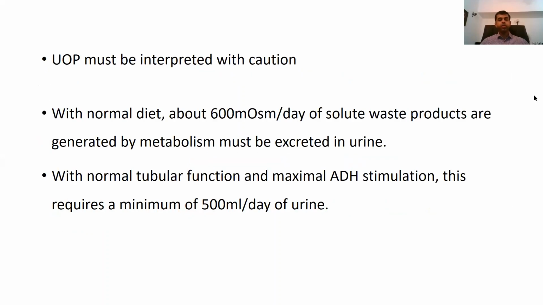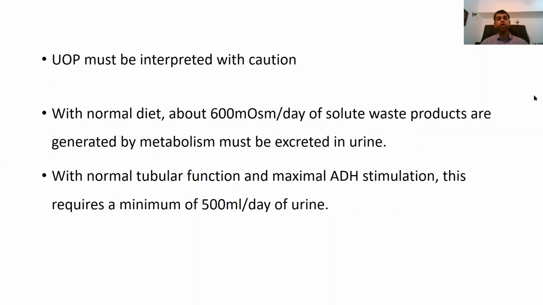However, we must be very, very careful when interpreting urine output, because there are so many variables attached to it, and you need to have a good idea about what the factors are that govern urine output. So normally, a person who's taking a normal diet generates about 600 milliosmoles per day of solute waste products, and this needs to be excreted in the urine following metabolism.